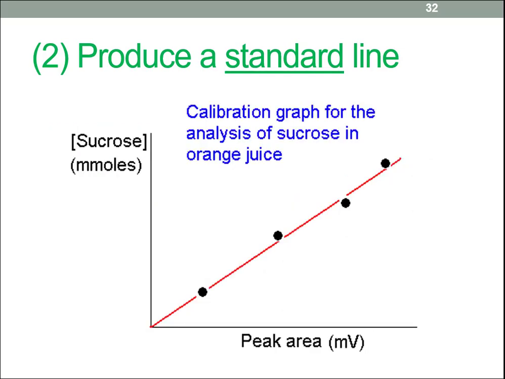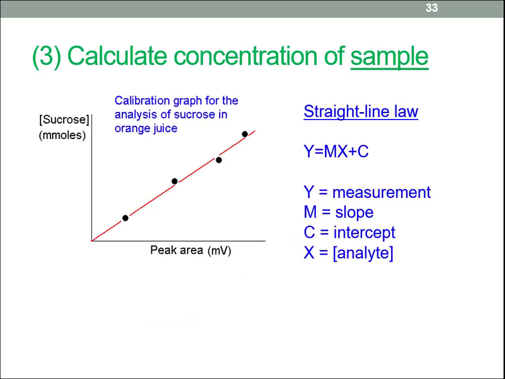Produce a standard line of, in this example, sucrose concentration against peak area. Hopefully we get a nice straight line. If you get a curved line, we may have to think about the concentrations and the standards we're using, so it won't be particularly reliable. Then we put a trend line through the data, we get the equation for the line, which you then rearrange to solve for x. We'll talk about this in the lab.